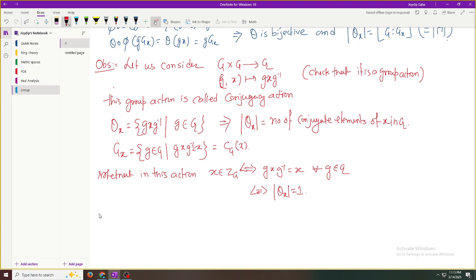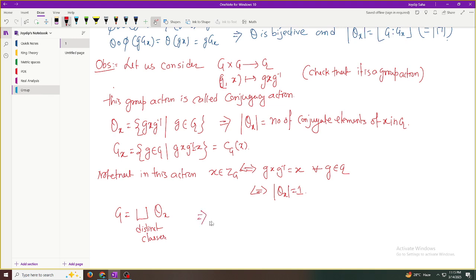Now G can be written as a disjoint union of distinct Ox classes.